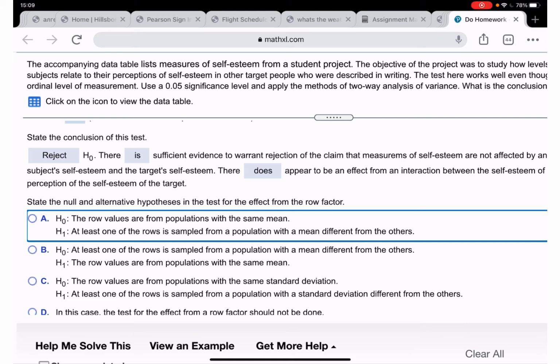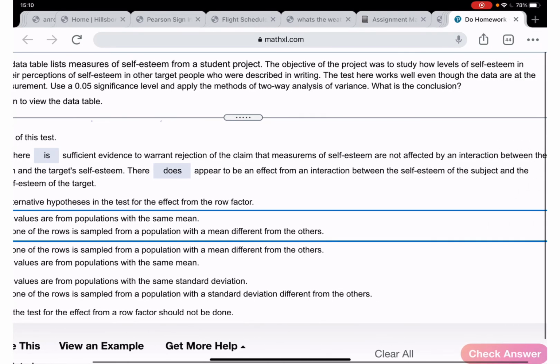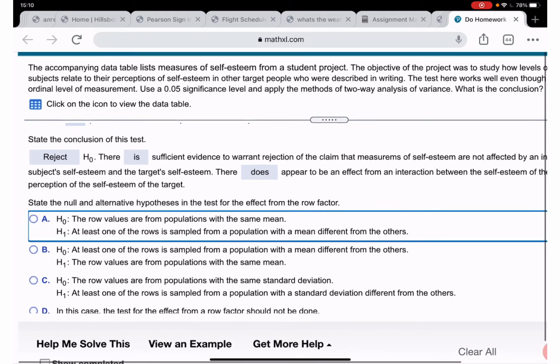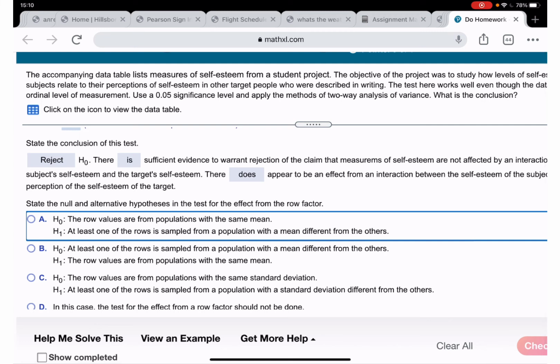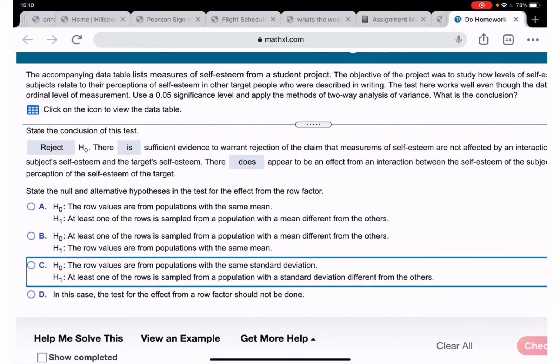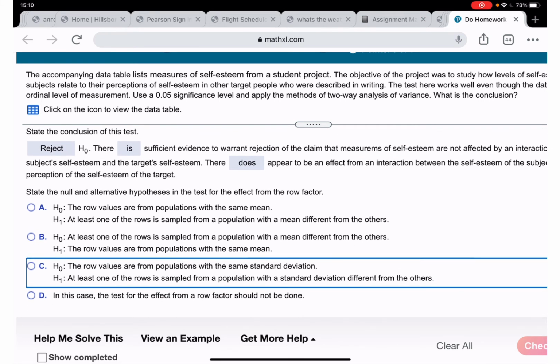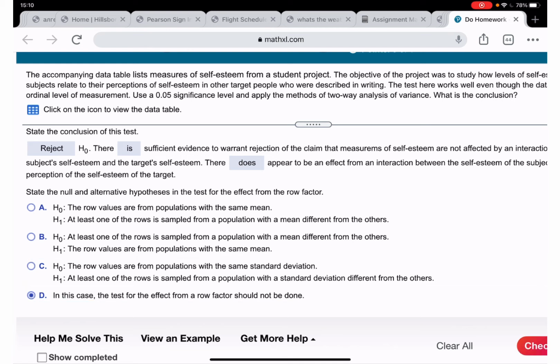Since in our case the researchers decided that there is an effect from interaction between self-esteem of the subject and the perception of the self-esteem of the target, then we are going to say that in this case the test for the effect from the row factor should not be done. Okay?